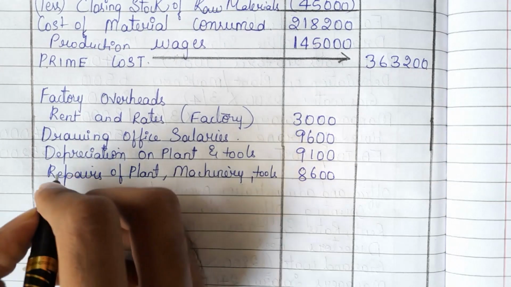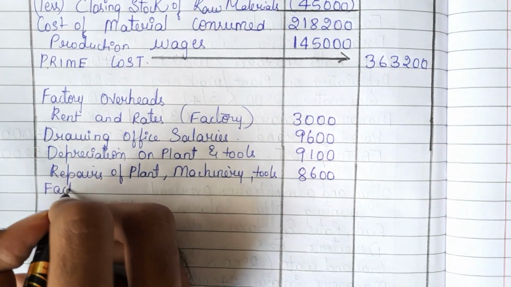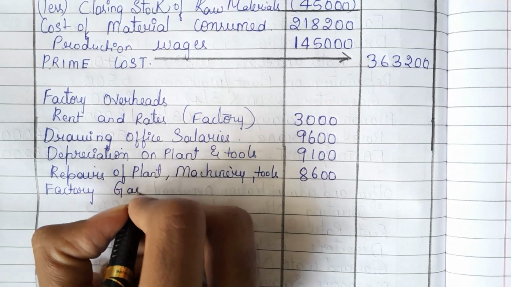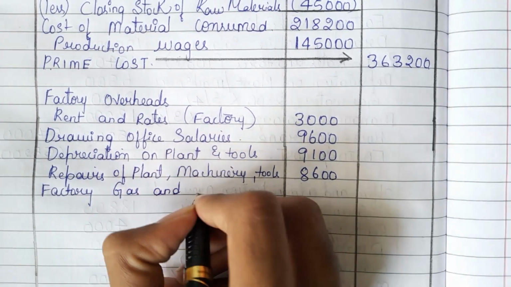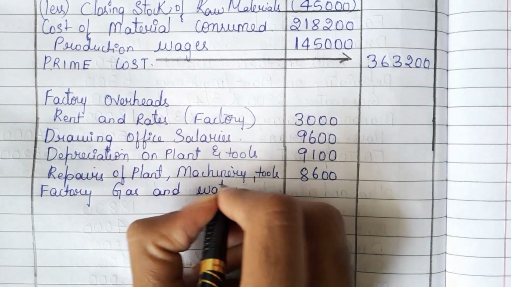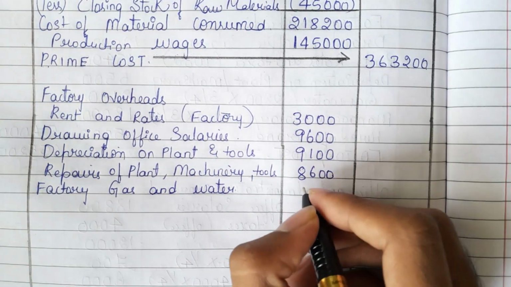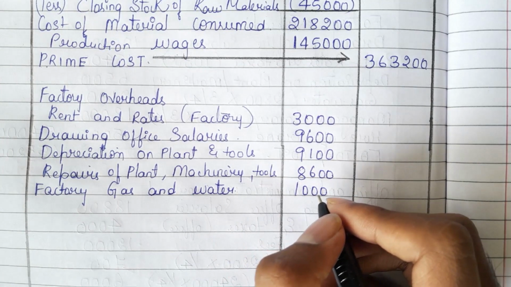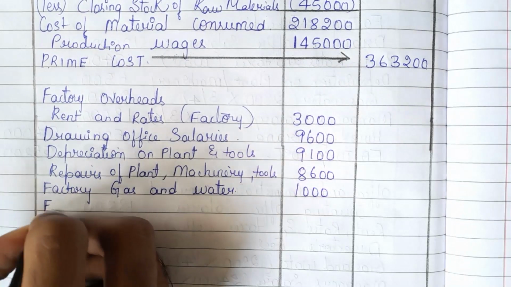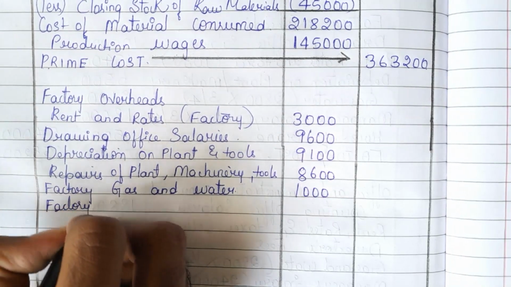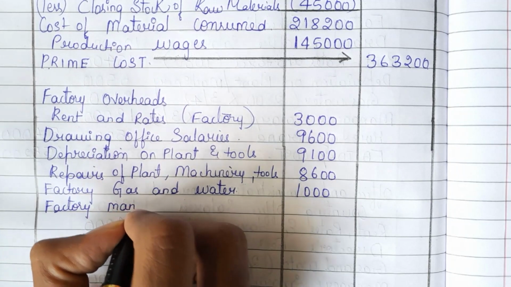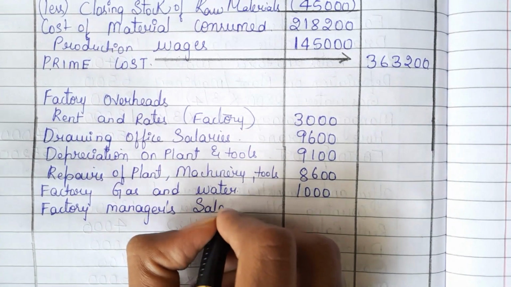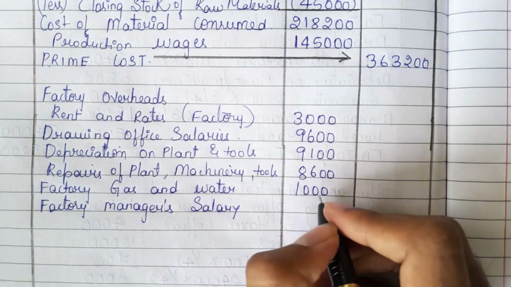Next we have factory gas and water charges related to the factory. How much is it? 1,000. Next we have factory manager's salary. How much is the factory manager's salary? It is 11,250.